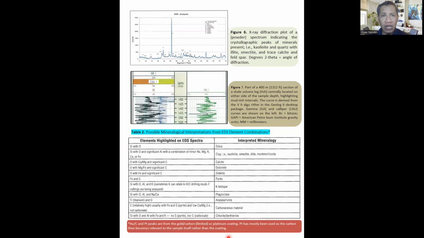A mudrock interval is highlighted in the log, and the curve is generated using the Fizeau algorithm using the Geolog application package. Additional curves such as gamma ray and caliper are displayed on the left side, and various unit measurements such as bit size, another standard of the log composite.